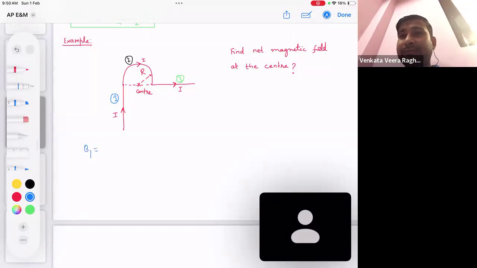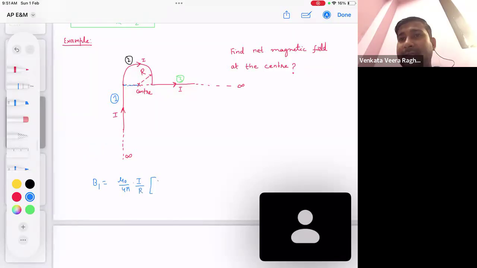So what will B1 come? One end is here itself, right? The zero angle, the other end is infinite. Okay, now it's a long one, and this is also extended up to infinity. So B1 will come mu naught by 4 pi, current is I, perpendicular distance is R, sine alpha.